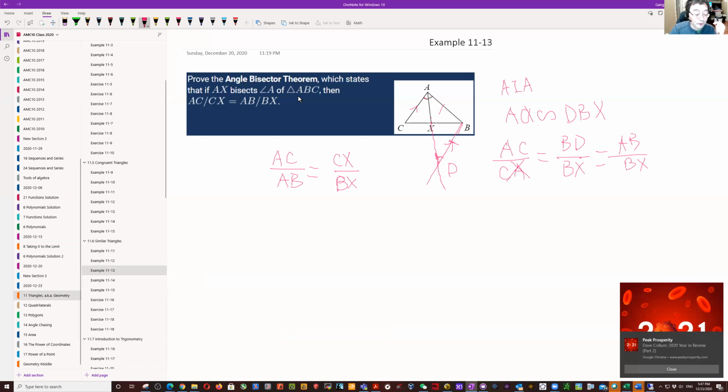So it's a very, very simple theorem to prove, but it's quite useful. The angle bisector is hiding some ratio. Those ratios are not very obvious because the triangles ACX and ABX are not similar, but they still have the ratio. Why is that the case?